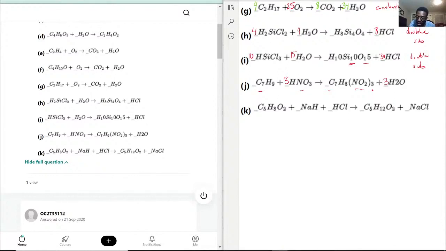So assume this has to be 3. Now to really find out that's the case, we need to add all the hydrogens. So 3H2, that's 6 hydrogens there, plus 6 hydrogens there, so that's 12 hydrogens in total. 9 here, plus 3, that's also 12 hydrogens. So we balance that one out.